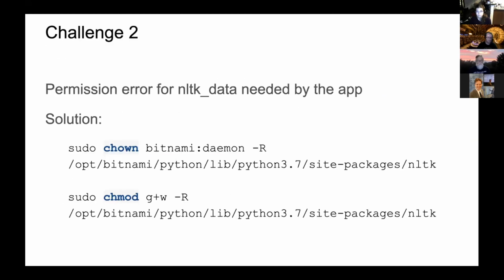That's because NLTK wants to be able to download some data and write it to that directory, and it can't do that because the default for that AWS container is to not allow writing to that folder. So you fixed it. Nice.